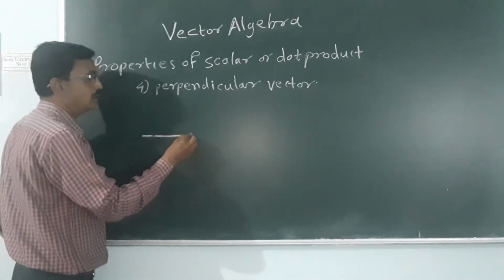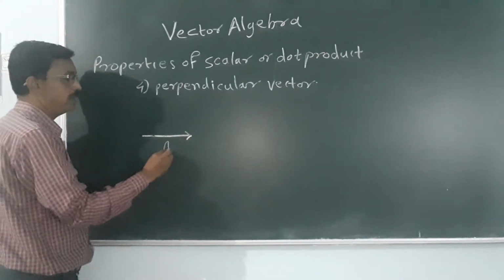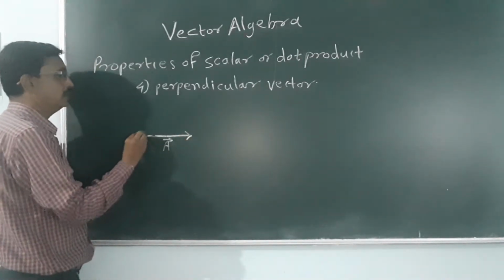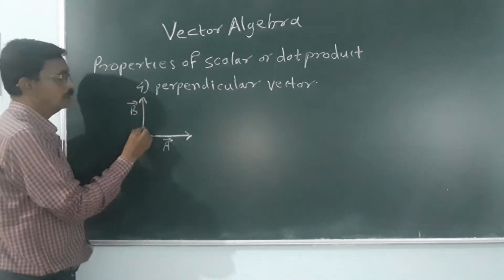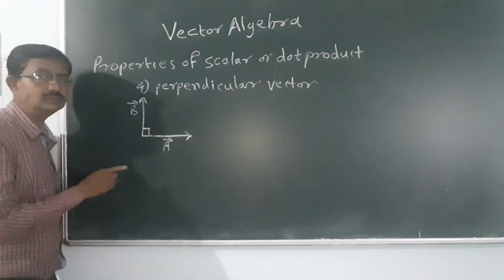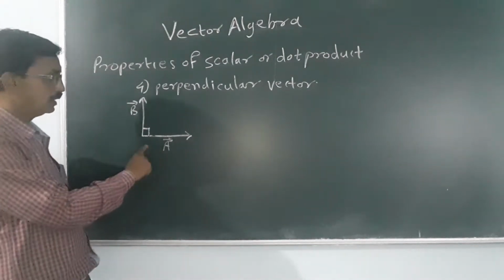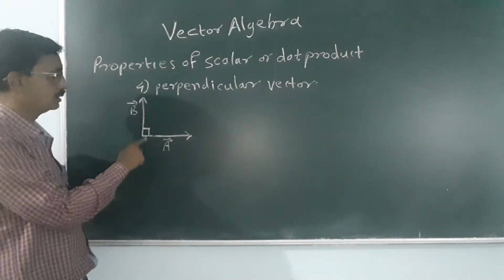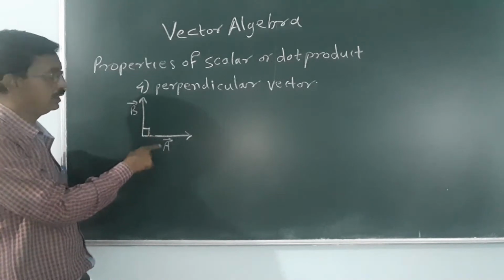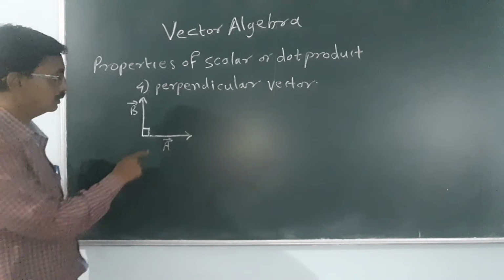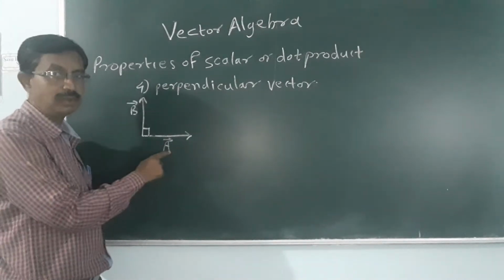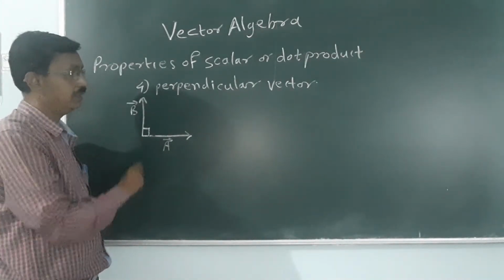Consider this is the vector A and this is the vector B. The angle between them is 90 degrees. Vector A, vector B, and the angle between them is 90 degrees. Then this is called perpendicular. So vector B is perpendicular to vector A.